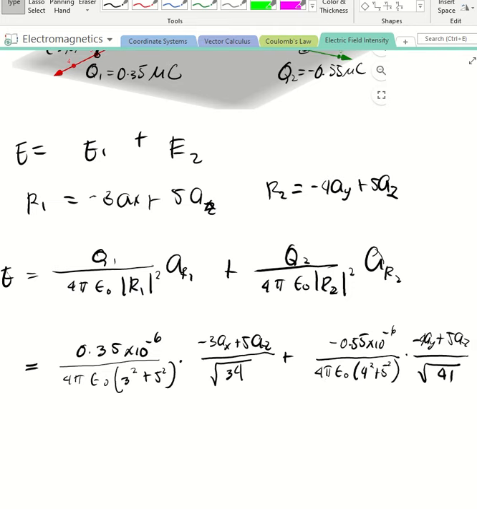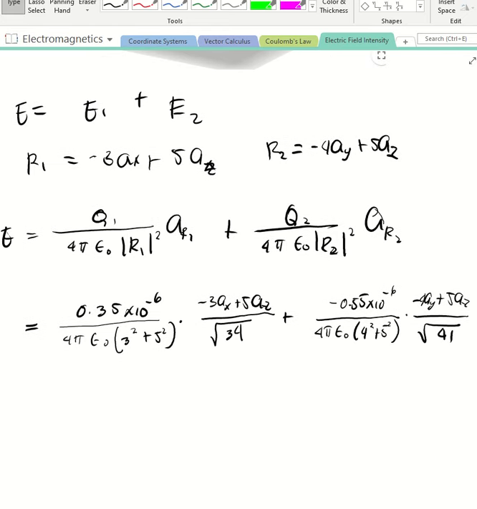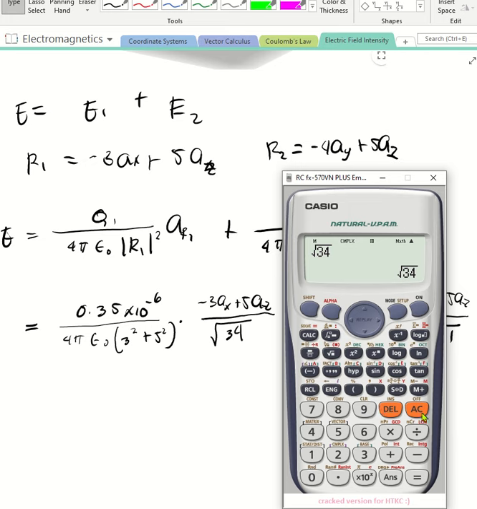You can now solve this one. And this will result to AZ and AX. So we all have AX, AY, and AZ components. Let's just solve this. This will be 0.35 all over 4 pi epsilon constant, times 3 squared plus 5 squared, and that's 34.